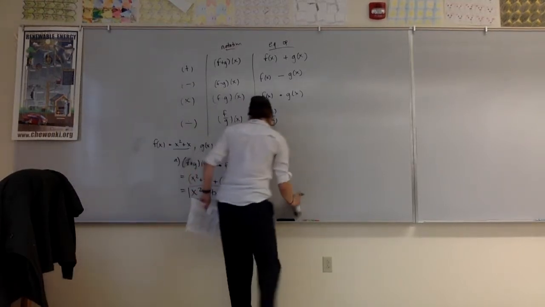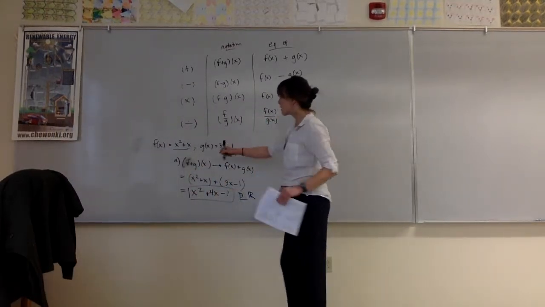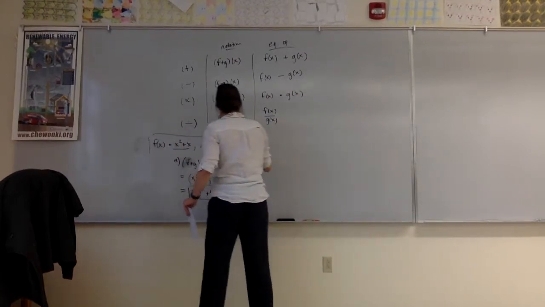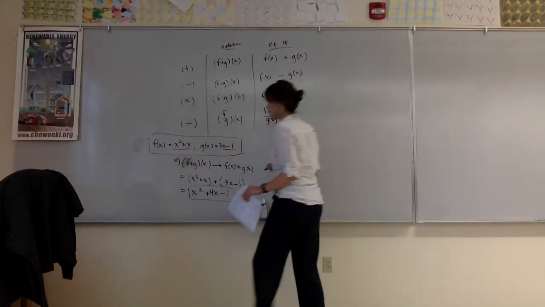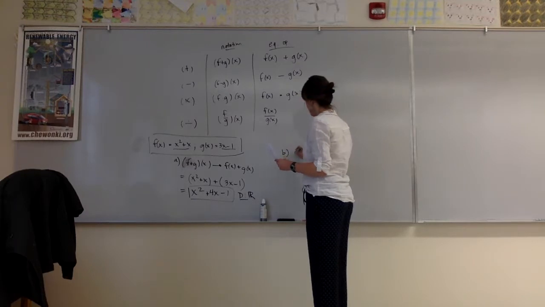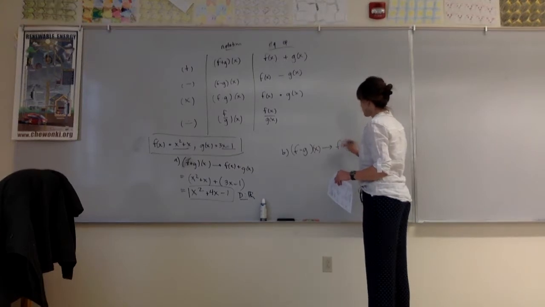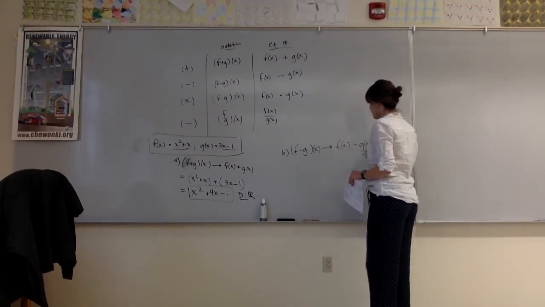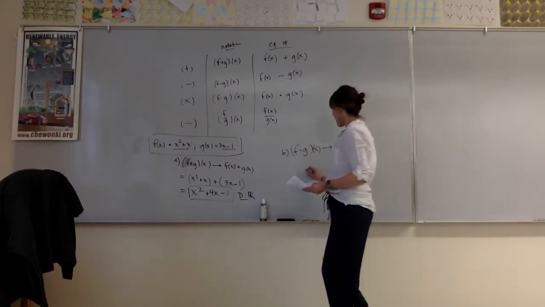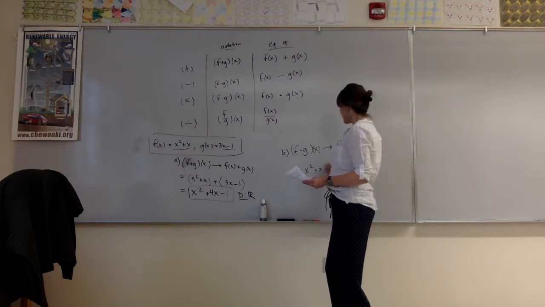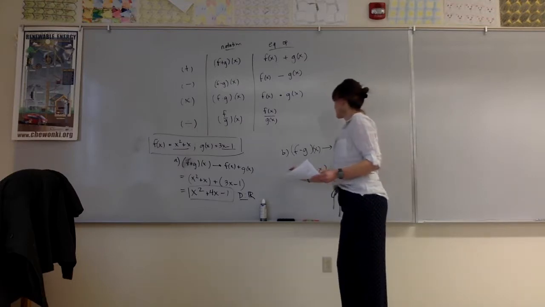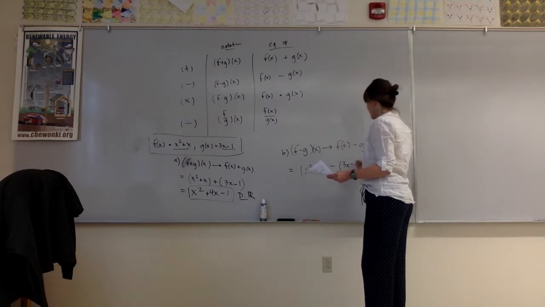For B, it's subtraction. So I'm going to use the same functions here. So for B, I have f minus g of x, which I can also write as f of x minus g of x. So for this one, I would take x squared plus x minus 3x minus 1.